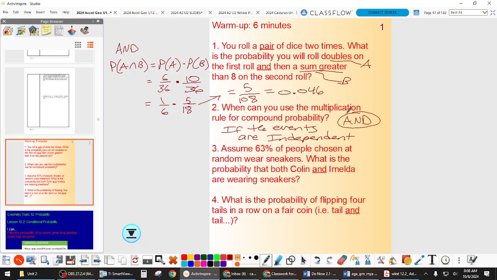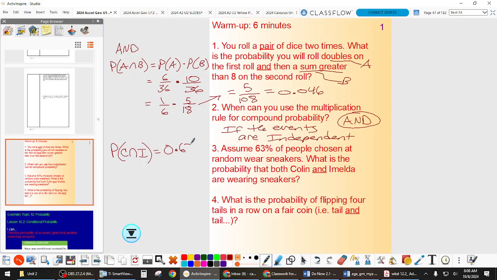Alright, 63% of people chosen at random wear sneakers. What's the probability that these random 2 students are wearing sneakers? So, first of all, are they independent? Most likely they didn't call each other and figure out what they're wearing.